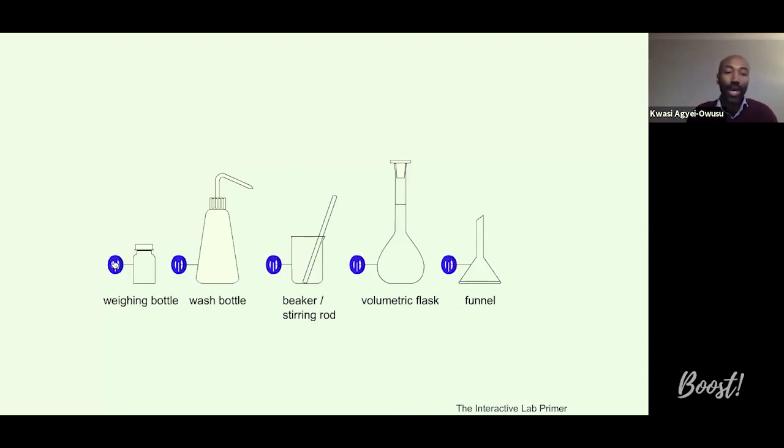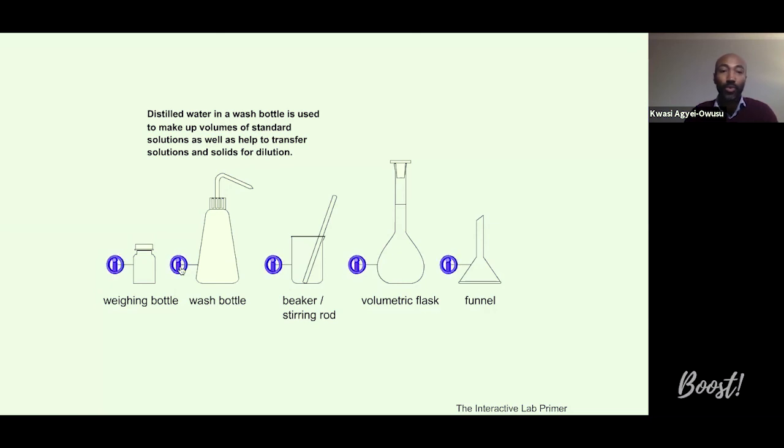So you've got weighing bottles, naming apparatus is important. You will, on your A-level exam, sometimes be required to draw diagrams and correctly label apparatus, so make sure you're familiar with all the names. This is a distilled water wash bottle, which you will be using in titrations and making standard solutions, rinsing pieces of glassware, making sure all of your solid is dissolved.